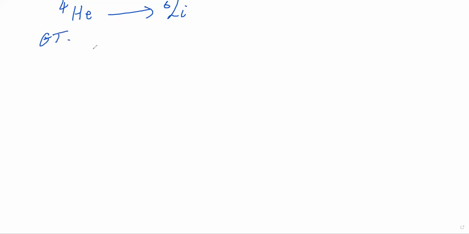Let's talk to Asad. Yes, Asad. Let's suppose if it were helium 6 and it had the parity and angular momentum of helium 4, then it would be a Gamow-Teller decay, a beta negative decay.